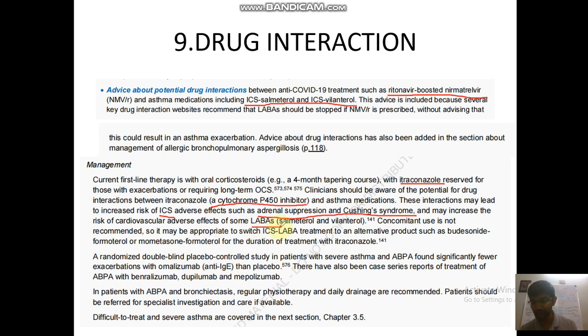As you all know, LABA can cause tachycardia. Which are the two LABA whose adverse effect it increases? Salmeterol and vilanterol. So we suggest shifting to ICS with formoterol. Okay, both in COVID-19 and in ABPA, GINA 2023 asks to shift the patient to ICS with formoterol if you are using ICS with LABA therapy. Okay, two topics where drug interaction is there.